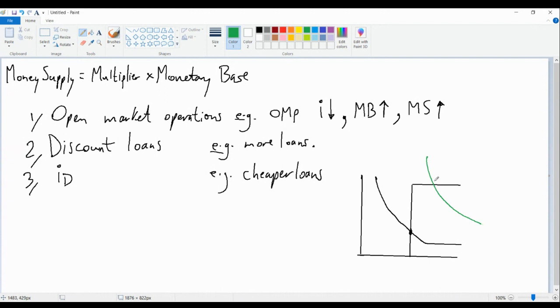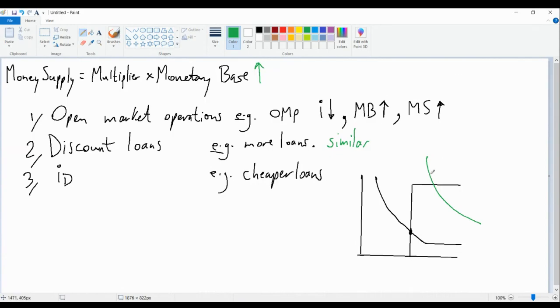On the one hand, if you make more discount loans, you're increasing the monetary base, which would suggest something like this. You're increasing the monetary base, so you're increasing the money supply.